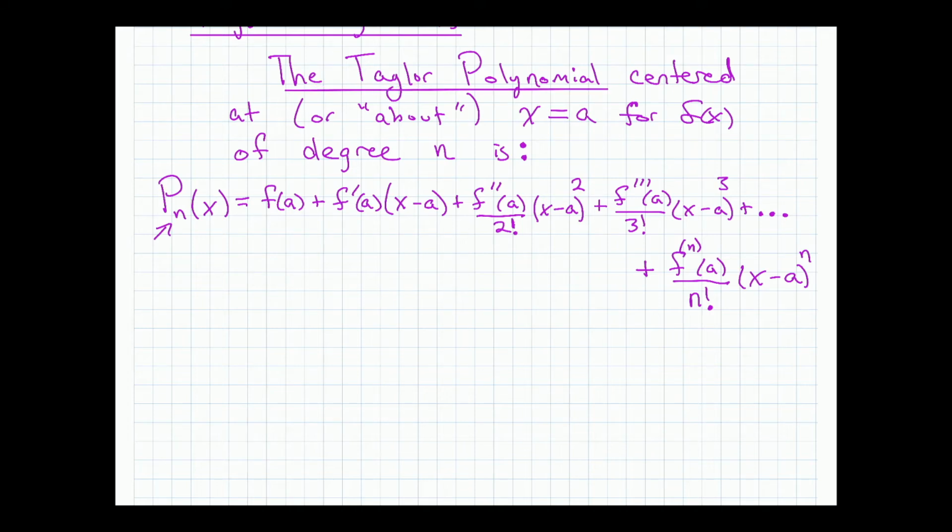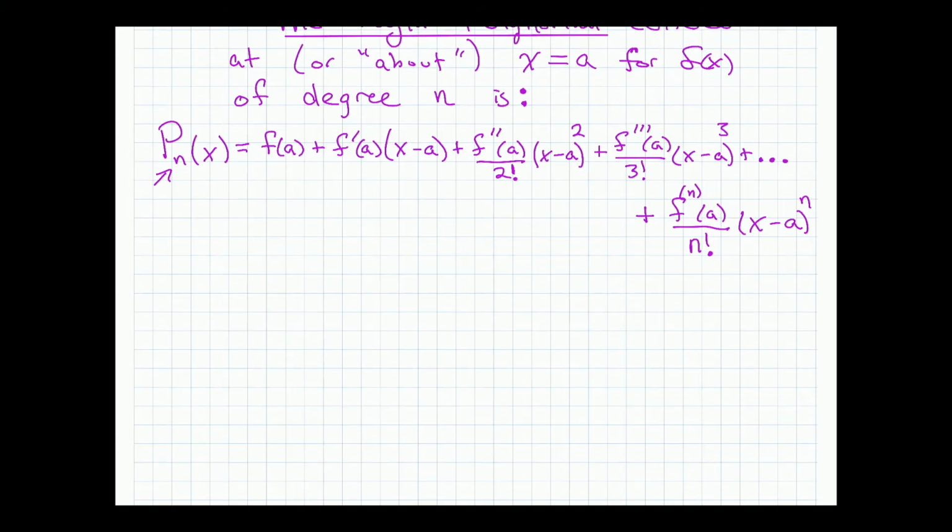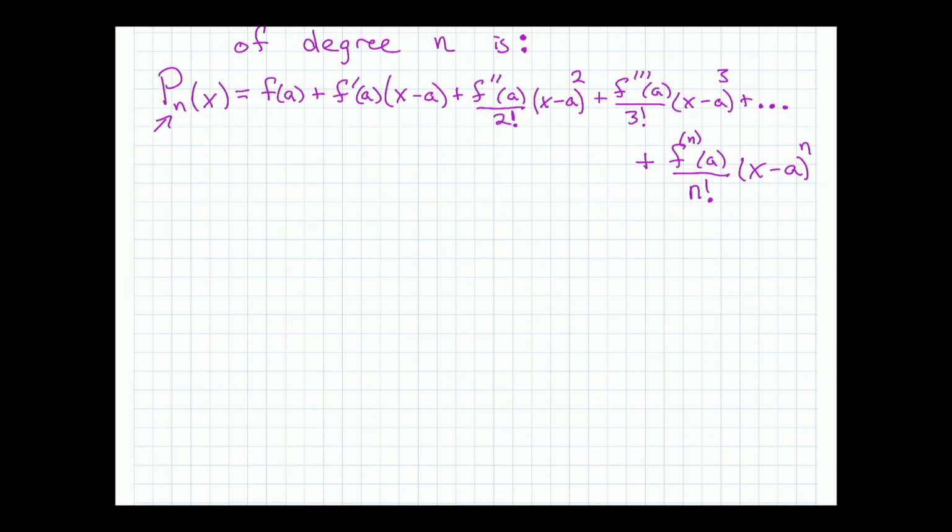Now, what is it though? So what it is, it's going to be the best polynomial approximation of your function of degree n that you can get around a certain point.